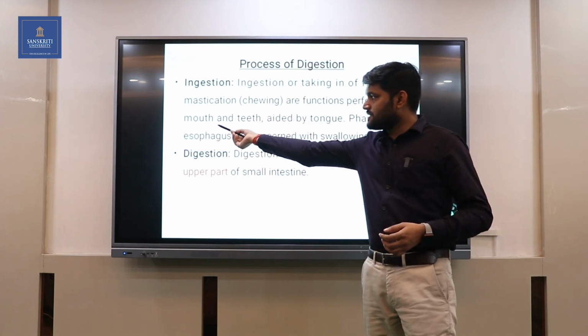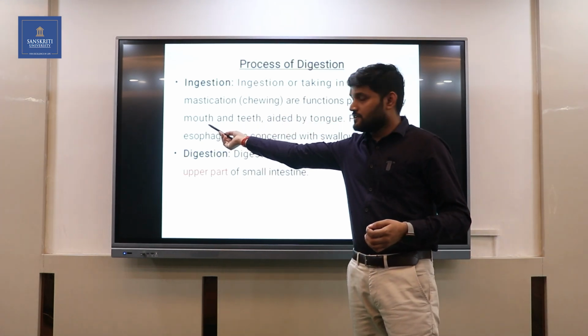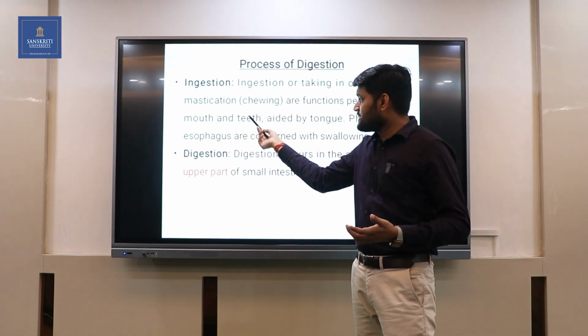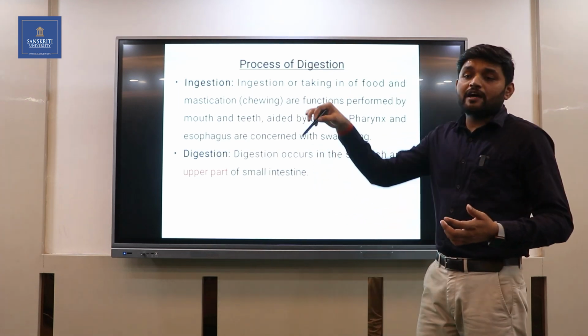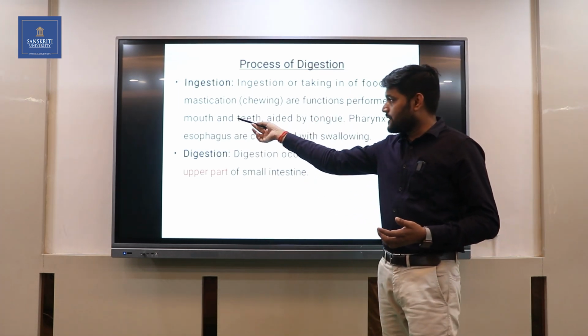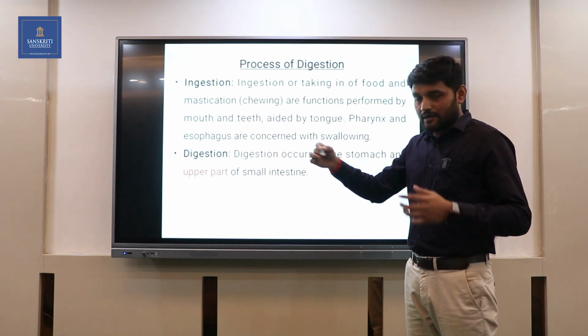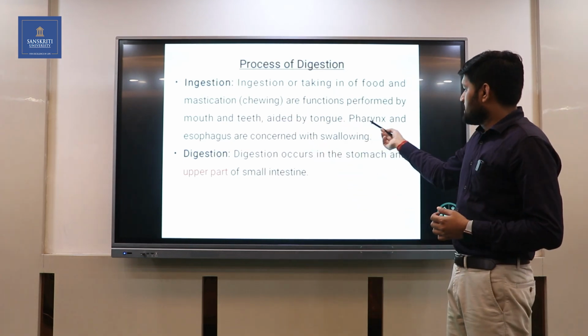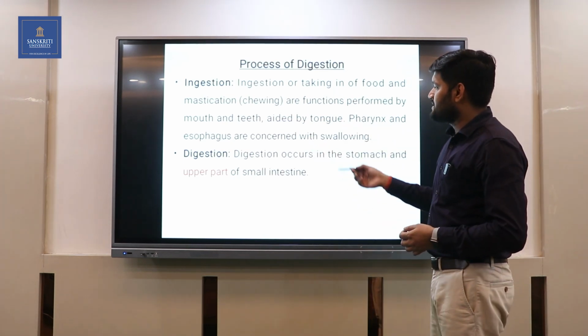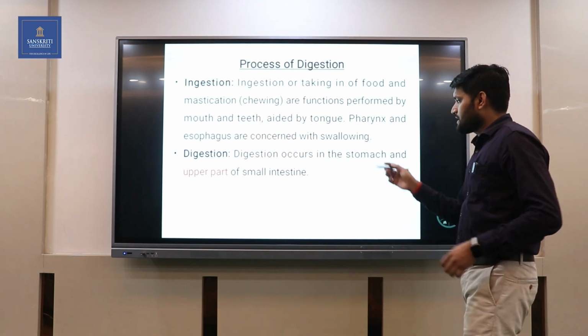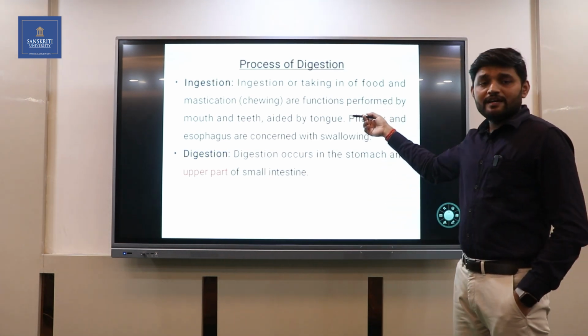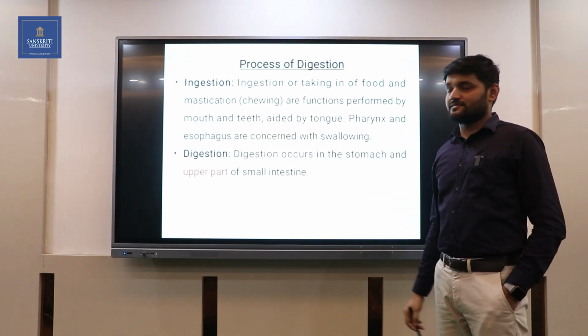The mouth is a primary digestive organ, and teeth help the primary organ, added by the tongue, creating mastication, chewing. Pharynx and esophagus are concerned with swallowing. This is ingestion.